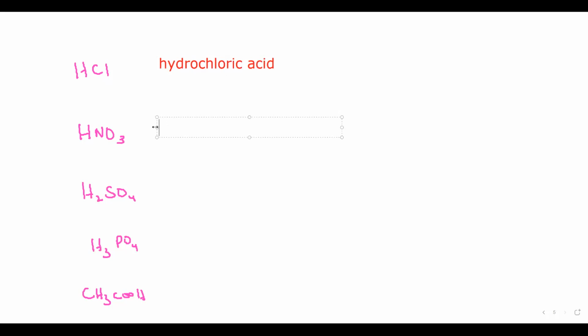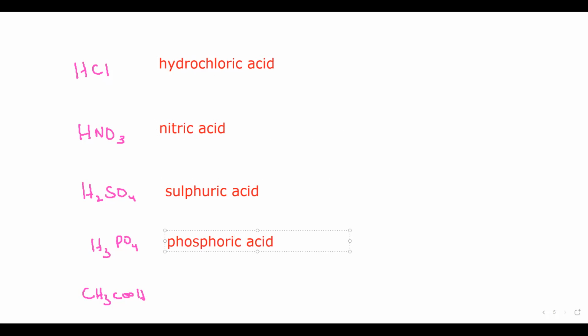HNO3 is known as nitric acid. H2SO4 is known as sulfuric acid. H3PO4 is known as phosphoric acid. And CH3COOH is known as ethanoic acid. So these are different types of acids. You have to remember, memorize the names.